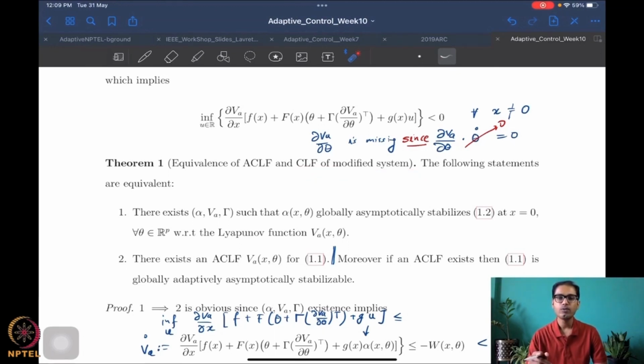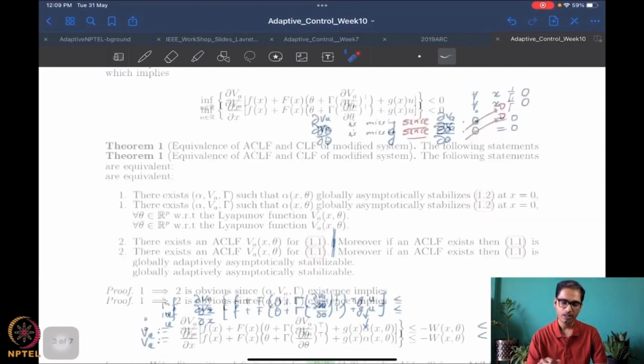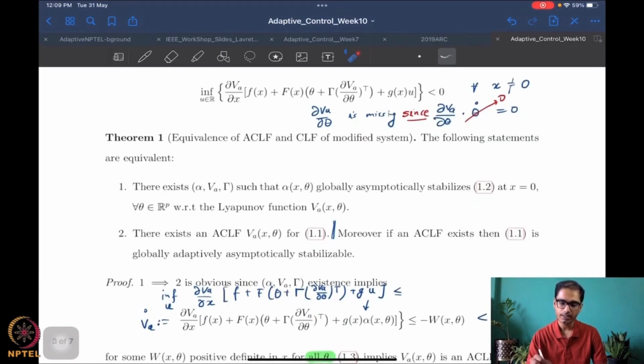And finally, we also showed that if an adaptive CLF exists for a system of the form 1.1, then the system is globally, adaptively, asymptotically stabilizable, which means that I can design an adaptive controller for system 1.1, which ensures that x and theta tilde states remain bounded, and further that the x states converge to 0 as t goes to infinity, right? So that's rather nice.